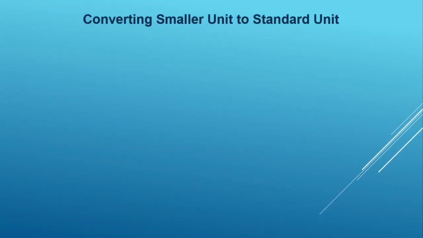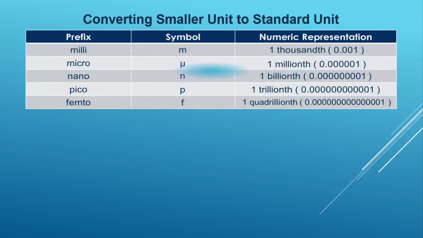Next, we have to convert the smaller unit to standard unit. So of course, we need the table again. Suppose we have 930 microhenry and you're going to convert it into henry. So the value is 930. You're going to multiply it by the numeric representation of micro, which is 1 millionth or 0.000001.